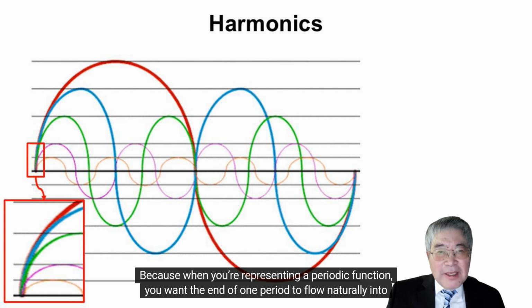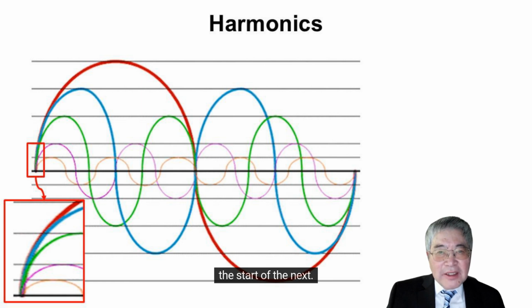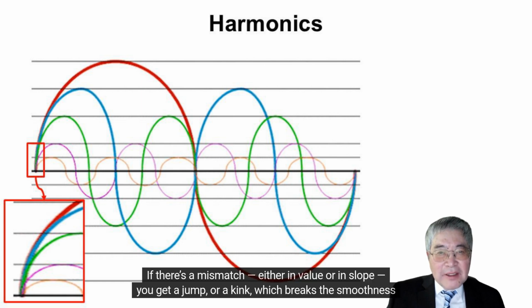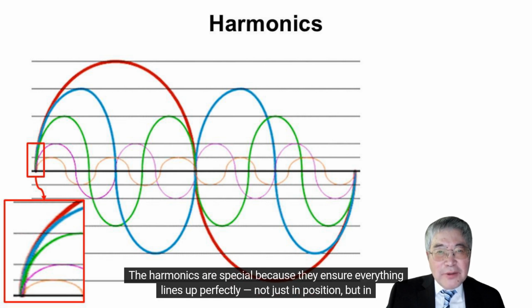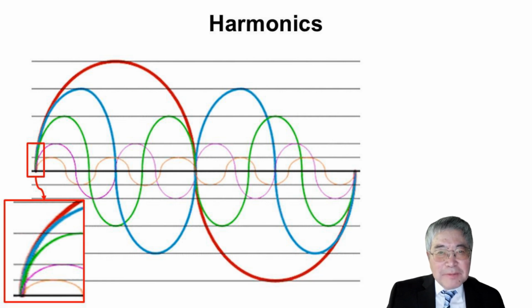Because when you're representing a periodic function, you want the end of one period to flow naturally into the start of the next. If there's a mismatch, either in value or in slope, you get a jump or a kink, which breaks the smoothness of the function. The harmonics are special because they ensure everything lines up perfectly, not just in position, but in motion.